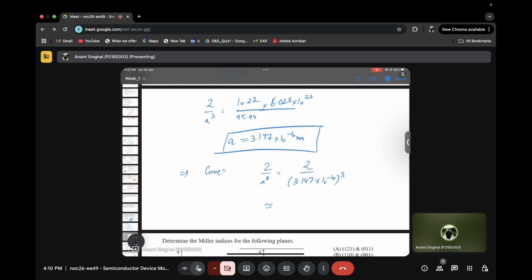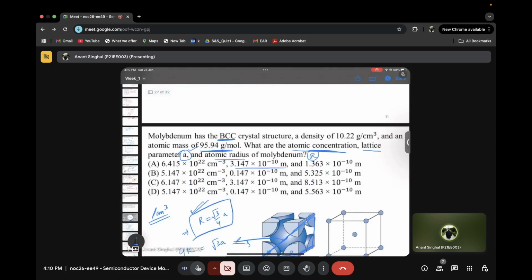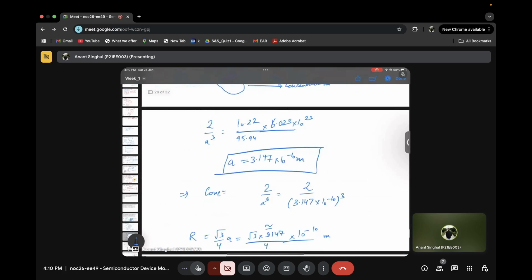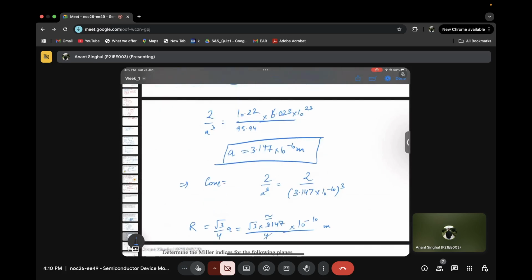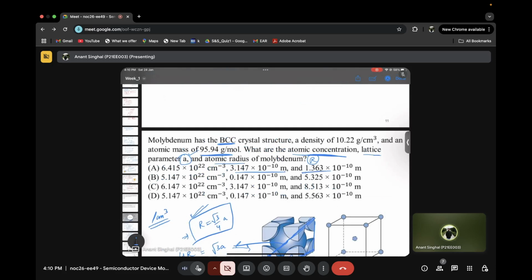It will come out to be something, and similarly you can find R, which is root 3 by 4a, which is root 3 into 3.147 by 4 times 10 to the minus 10 meter. It should come out to be 1.6 something. There is only one option which is 1 point something, so option A should be the correct answer.